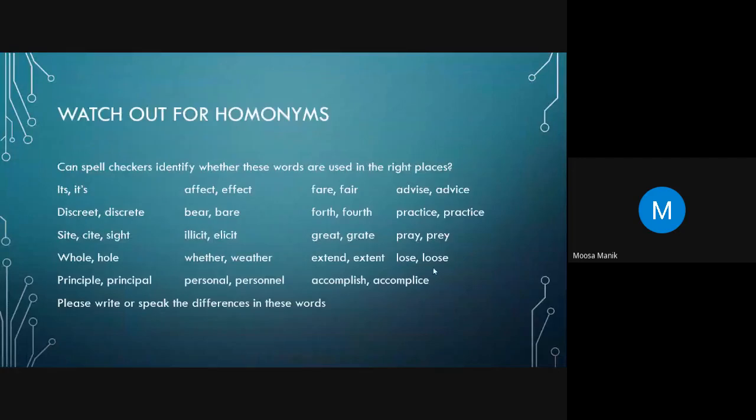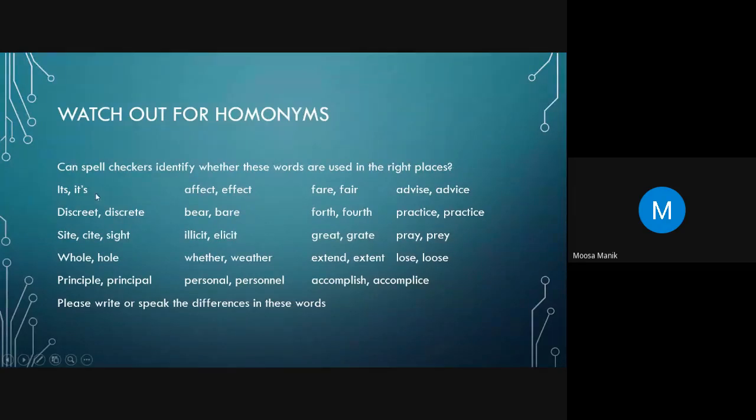Right, watch out for homonyms. Now, this is where some of us get into difficulties. I find it difficult. I'm not that good, so I find it difficult. See, can spell checkers identify whether these words are used in the right place? Let us think of these two words, its and it's.